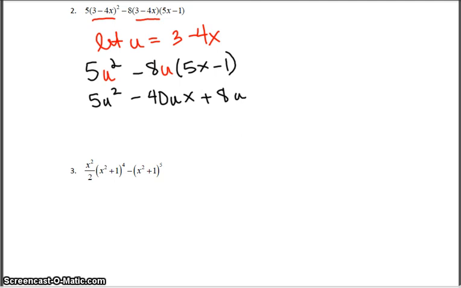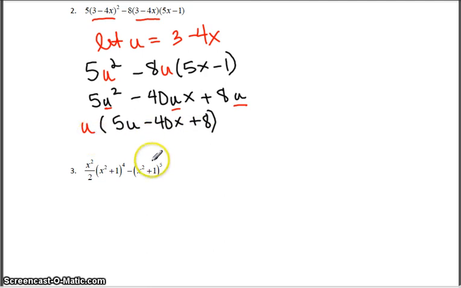Now notice there's a common factor of U in each term. So we will factor that out. That will leave you with 5U minus 40x plus 8. And this cannot be factored.